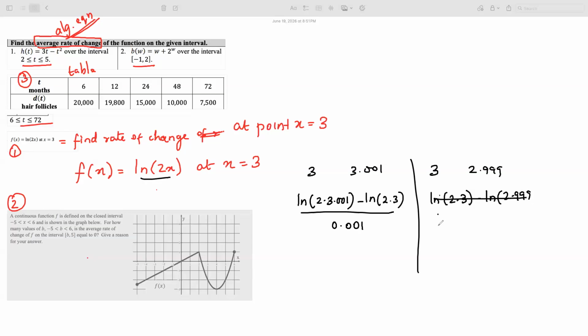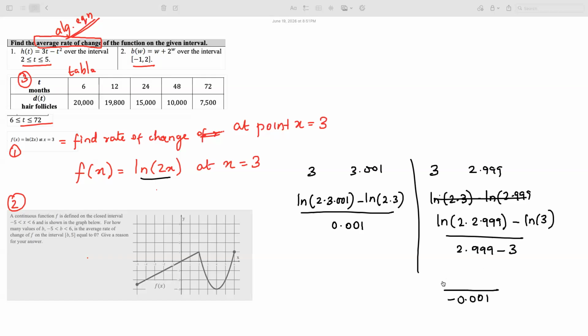I'm sorry, ln 2 times 2.999 minus ln 3, divided by 2.999 minus 3. That would be 0.001, right? Divide by whatever you get above.